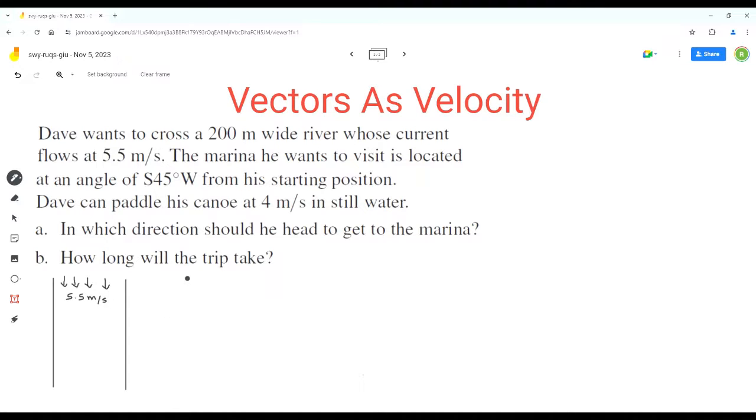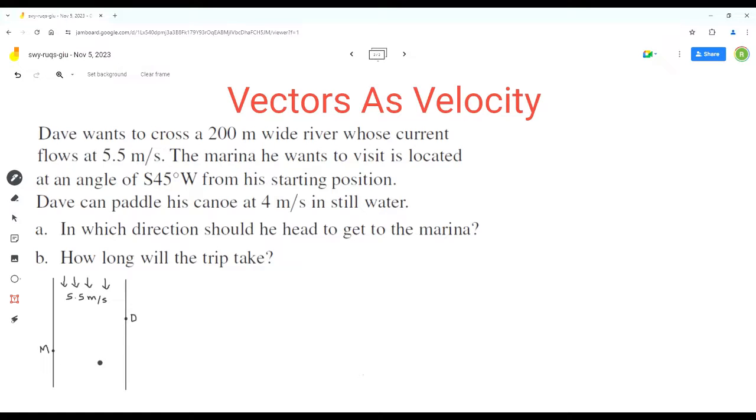Now, as per the problem, the marina that Dave wants to visit is located at an angle of south 45 degrees west from his starting position. So let's assume his starting position is this point D, and the marina is at point M on the other side of the river.